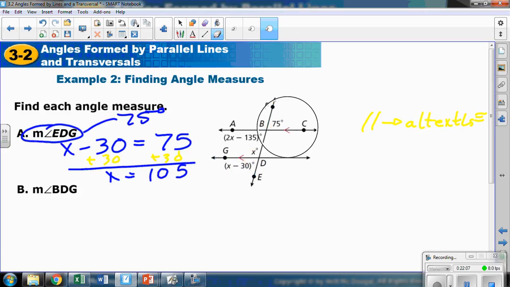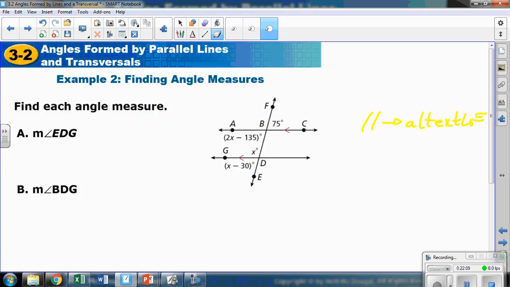Continuing further, clear out some of this stuff. What about angle BDG? BDG. You'll notice that's x degrees. Well, of course, I just erased the work for it, but it was helpful anyhow.